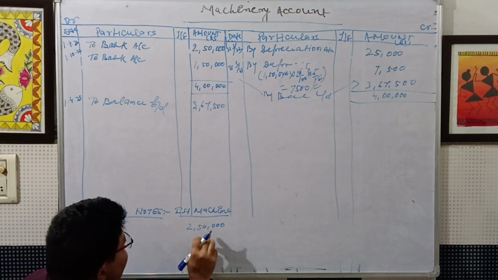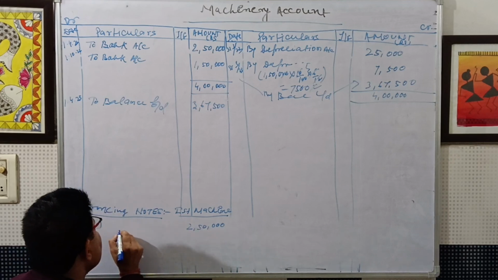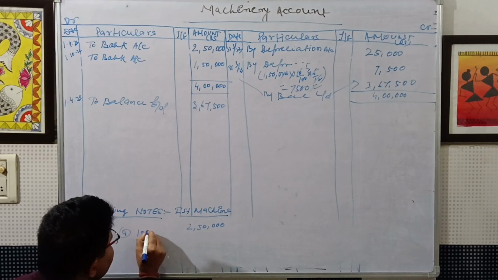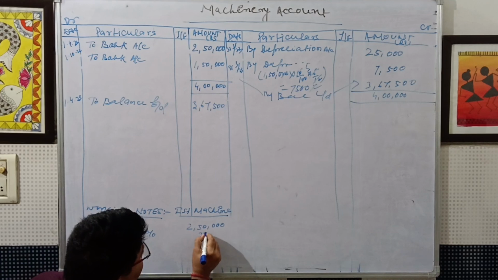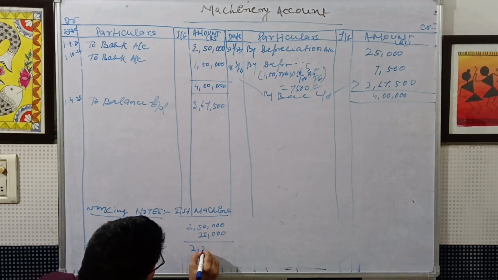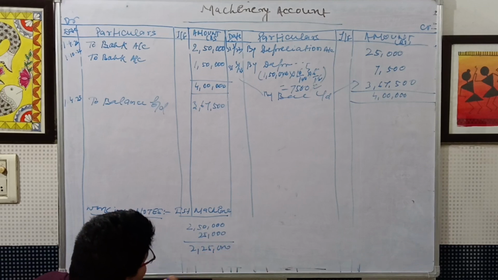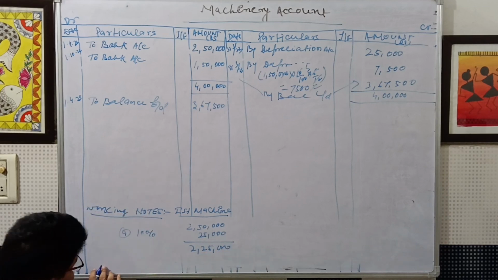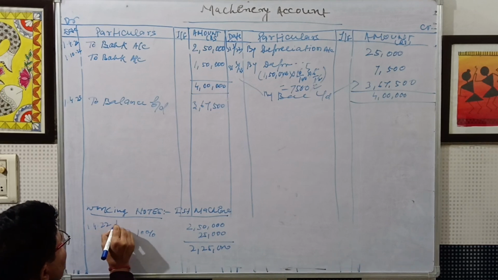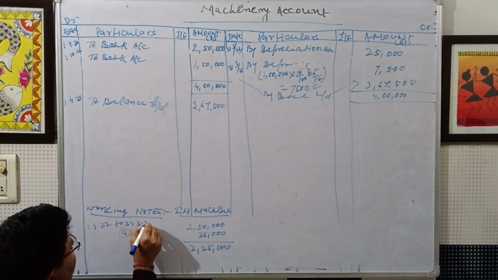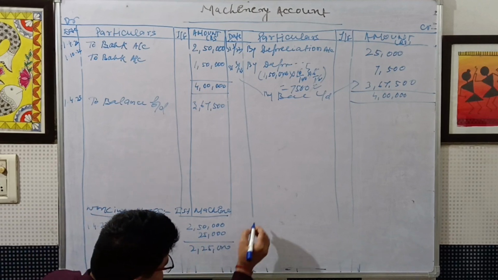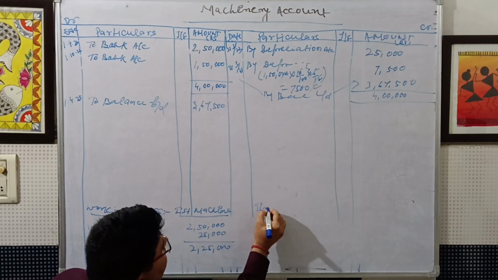So the first machine is 2,50,000 charged at the rate of 10%, so the first year depreciation is 25,000. So the value is 2,25,000. The first year means 1st April 2022 to 31st March 23, charged at the rate of 10%. The depreciation is 25,000 on the first machine.